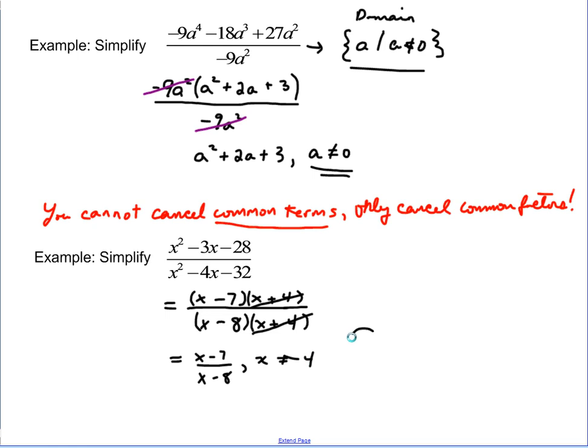Okay? So this last bit right here, where I'm writing x does not equal negative 4, must account for the factor that gets canceled out.